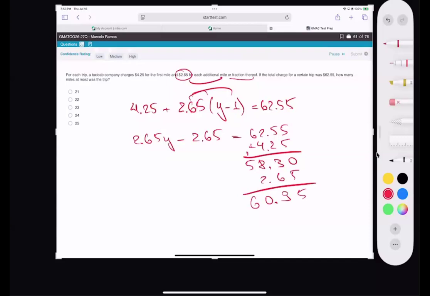Weird. 4.25 plus 2.65, what did I do? No. Okay, 6.95. I multiply both by 100, this by 100 and this by 100. And it will be 2.